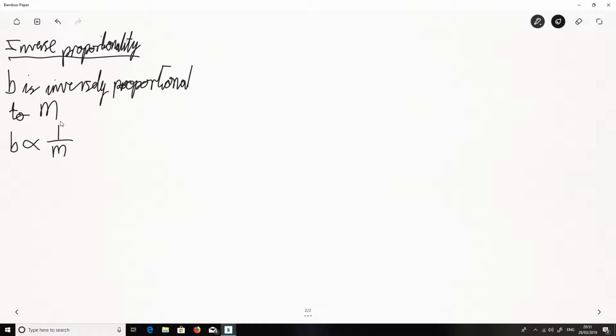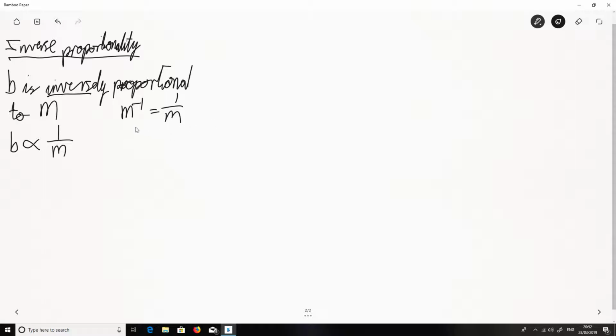Direct would be B proportional to M. Inverse proportional means B is proportional to 1 over M, because the inverse part of the word would literally mean M to the minus 1 or 1 over M.